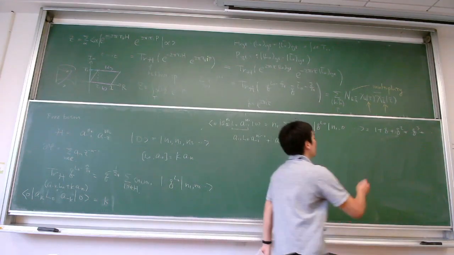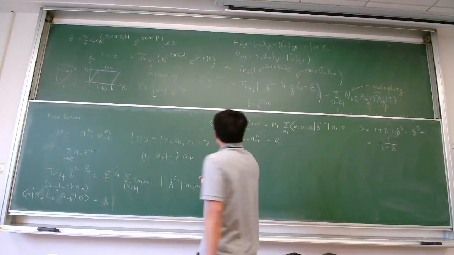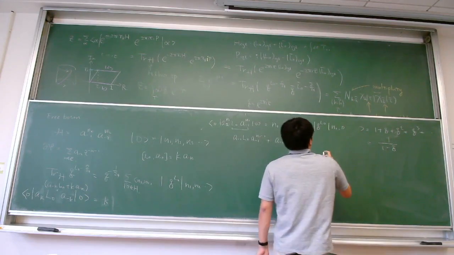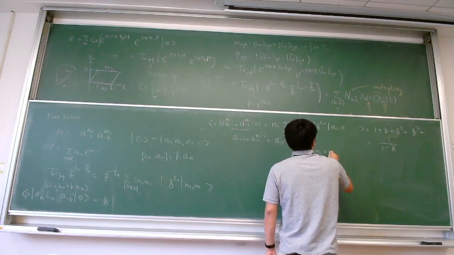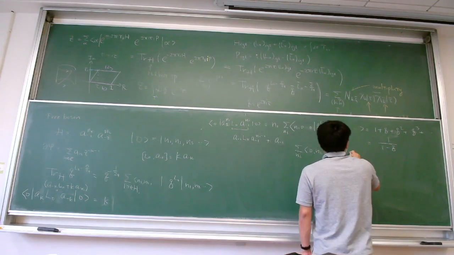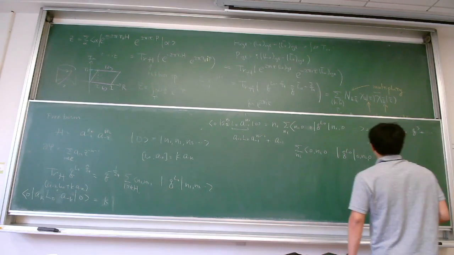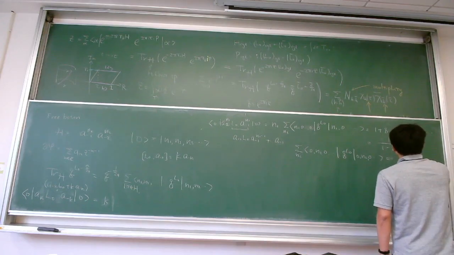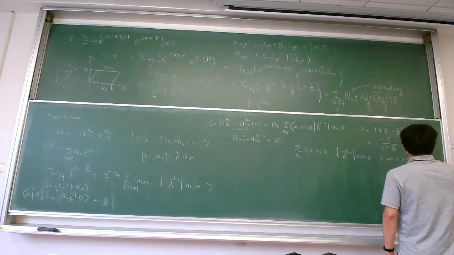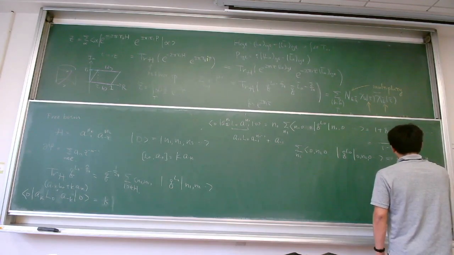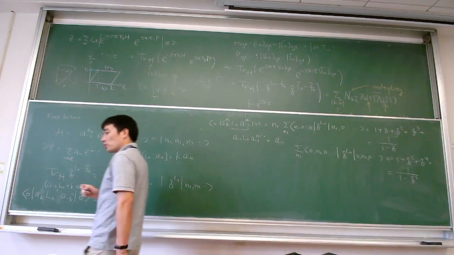By taking the geometric series, this is equal to 1 over 1 minus q. Similarly, if you take n2, q to the L0 gives 1 over 1 minus q squared, and so on.